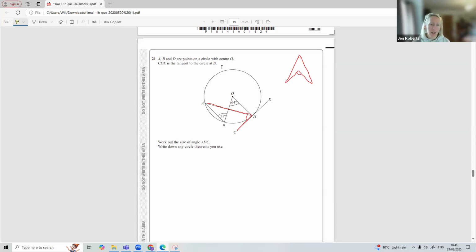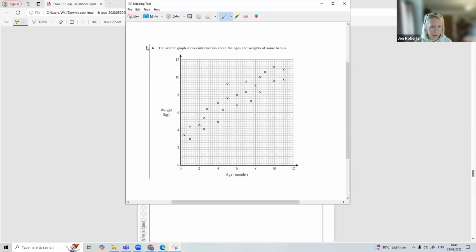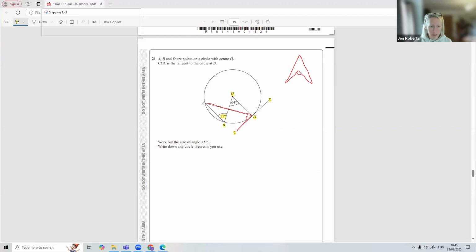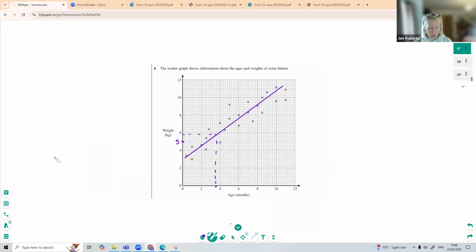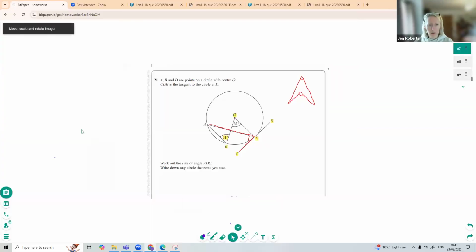So can you see you've got an angle? You can see here, that's your angle at the centre, and that's your angle at the circumference. So your angle at the centre is double your angle at the circumference.